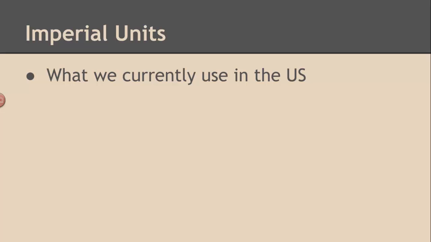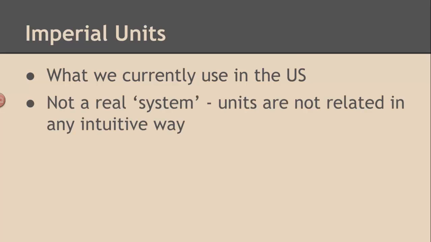What we use are called imperial units. The imperial units are very old, and they're not really a real system. The units aren't related in any intuitive way. For example, there are 12 inches in a foot, 3 feet in a yard, or 5,280 feet in a mile.